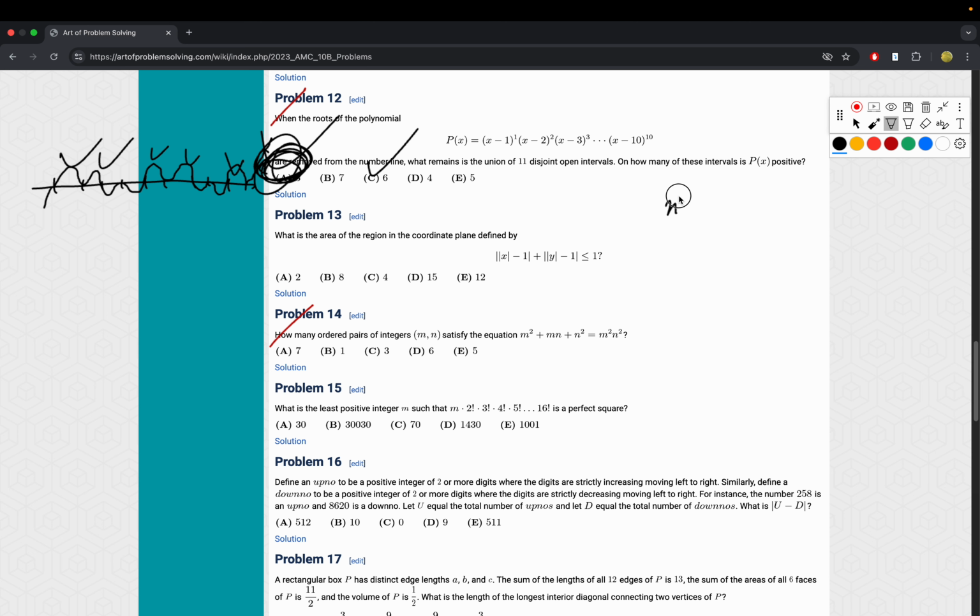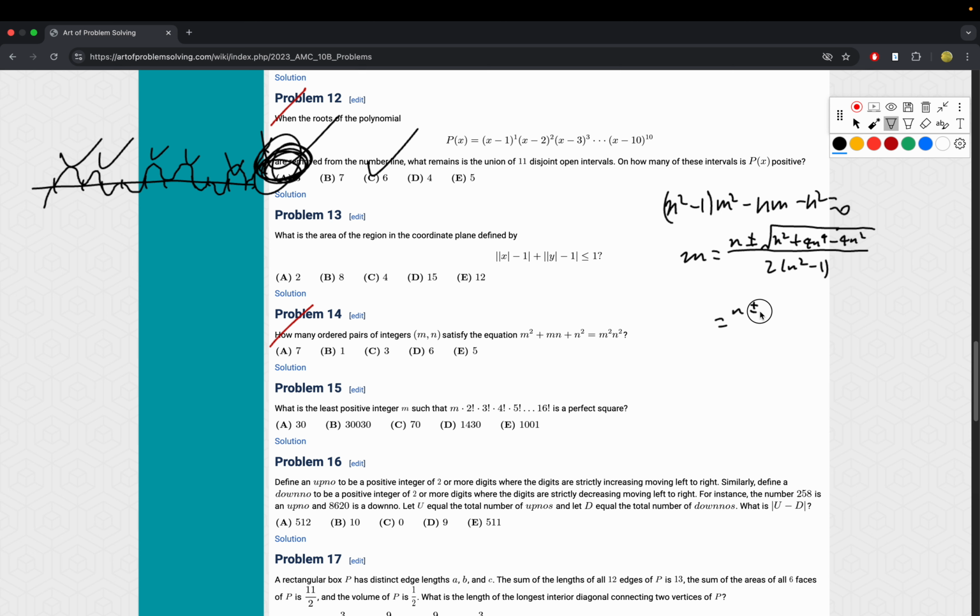So we have n squared minus 1 minus nm minus n squared equals 0. And plus or minus square root of b squared minus 4ac over 2a.